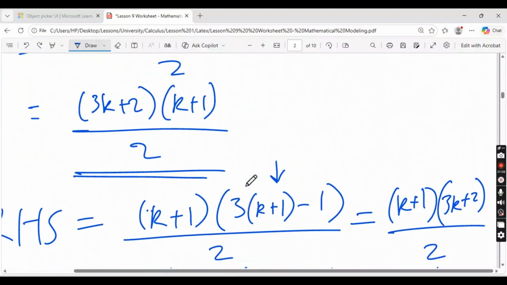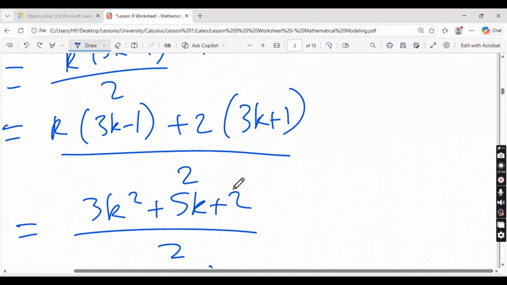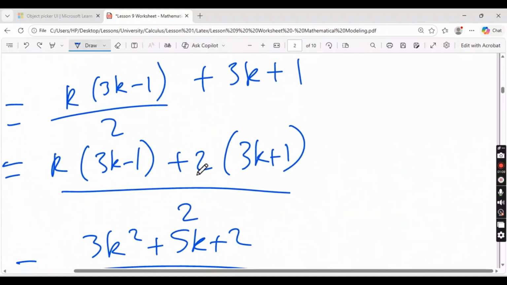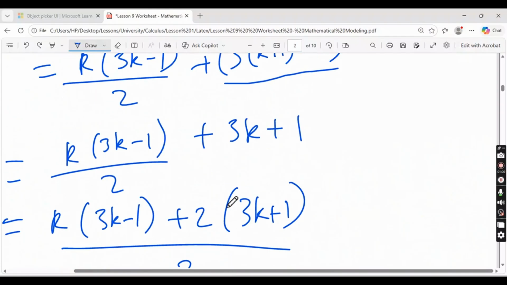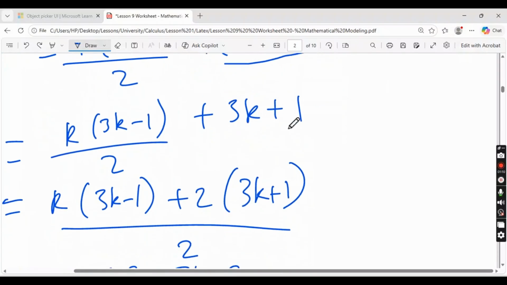Did we do something like that here? No, in this one. If you check also here, we did the same thing. We had 3k plus 1 minus 2. Then we simplified here, then we got 3k plus 1. We didn't expand, or you would say no, we can't expand this, which is fair enough.